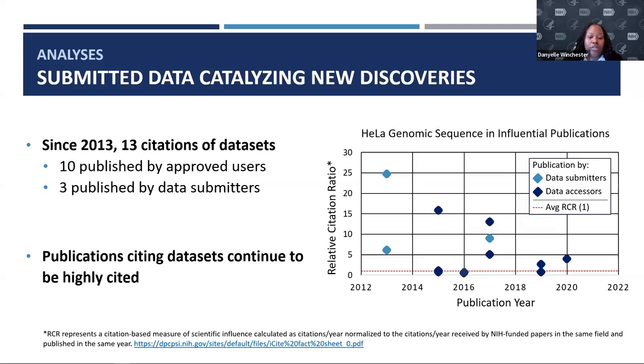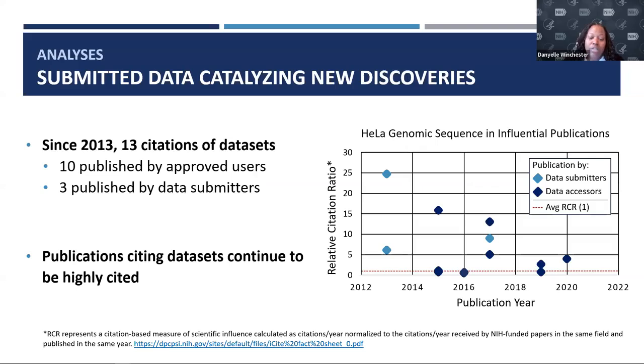We used relative citation ratio. This is an NIH metric that was developed in the Office of Portfolio Analysis here at NIH. This is a tool or method used to measure the scientific influence of papers. So RCR, which is short for relative citation ratio, represents a citation-based measure of scientific influence calculated as citations per year.